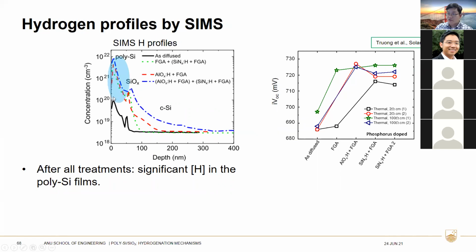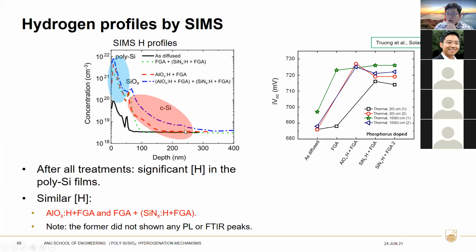To verify the results before, we did some SIMS measurements, and we see that after the treatments, there's significant hydrogen concentration inside the polysilicon film. And there's similar hydrogen concentration for the sample with ALOX forming gas, the red curve, and forming gas and ALOX, the green curve here.